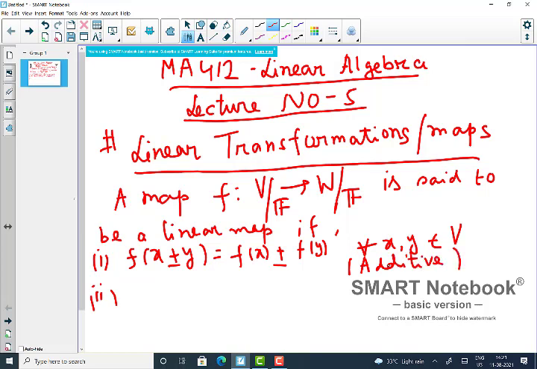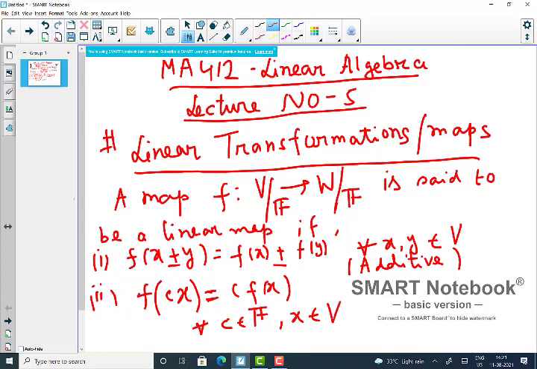Okay, what is number two? Number two is that whenever you evaluate f at a vector with some scalar multiplication, it is enough to first evaluate at the vector and then multiply by the scalar. Both are the same. Okay, and this is also true for all c belongs to F and x belongs to V. So what does that mean?